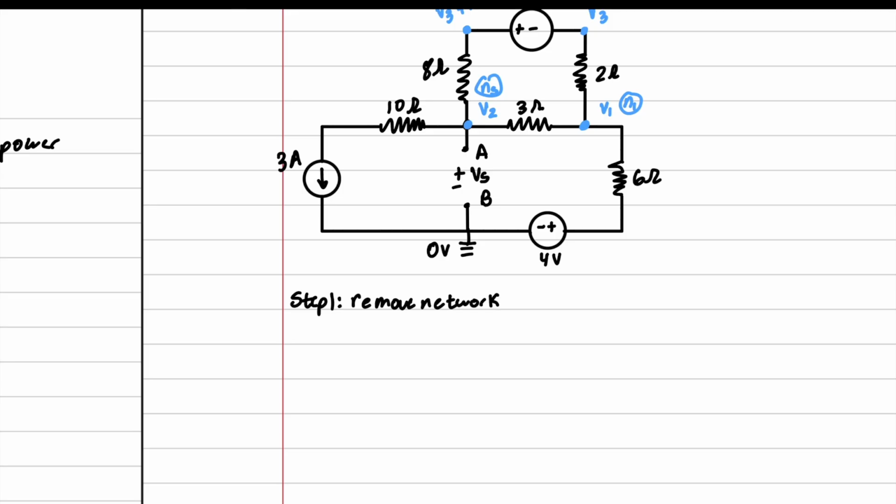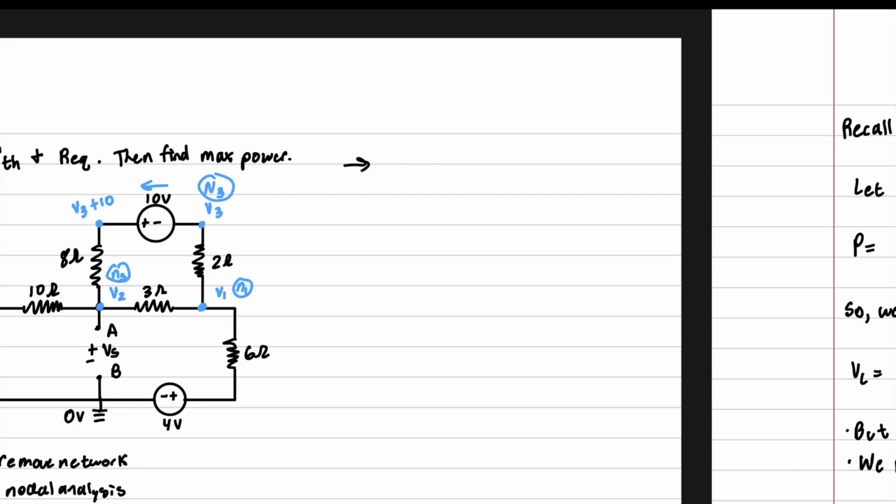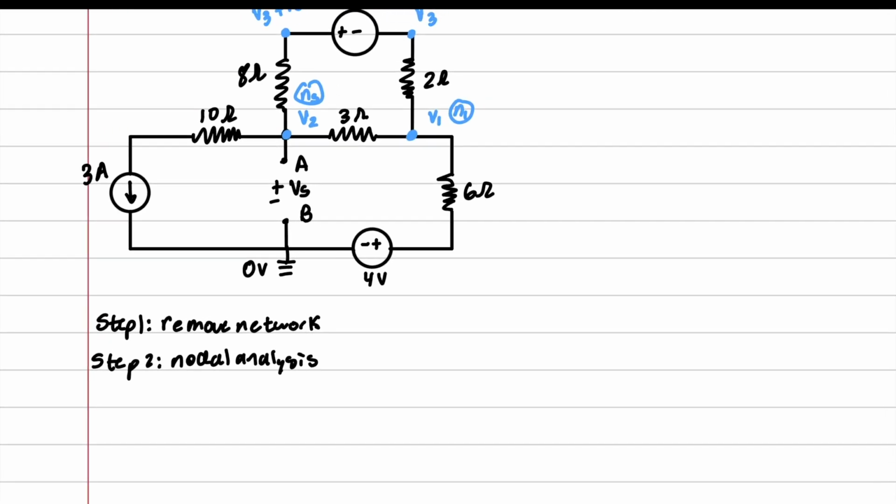Now step 2 is apply nodal analysis to find that Vs, because eventually we're going to want to turn it into our simple network. We need this Vs and we need this Rs. So let's go ahead and apply the nodal analysis.